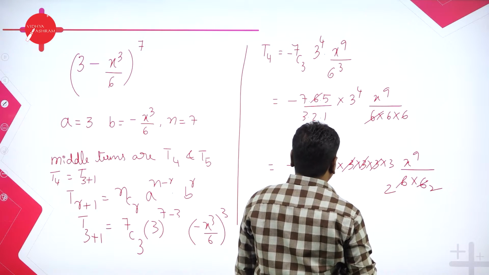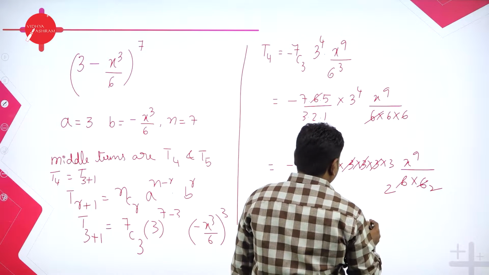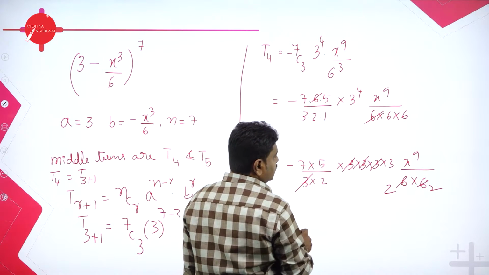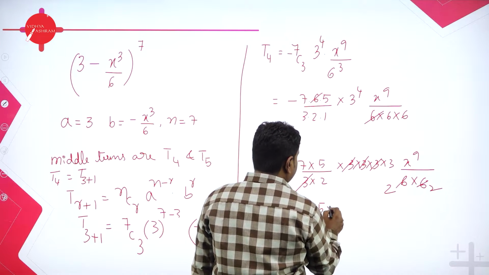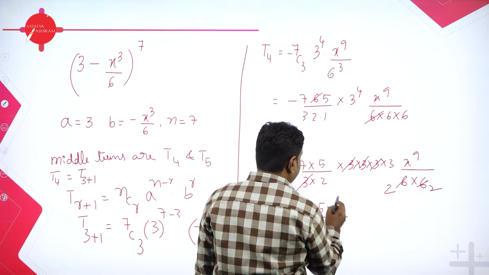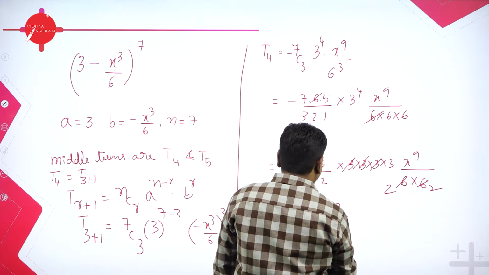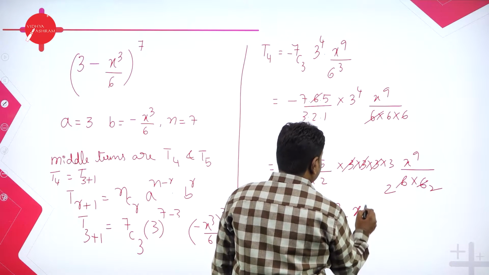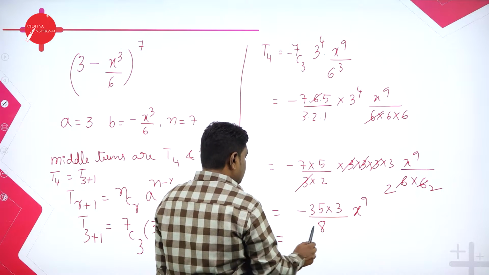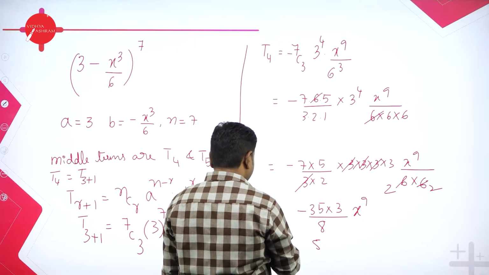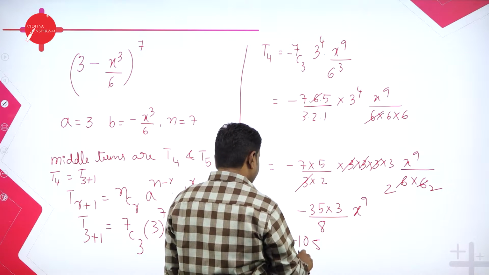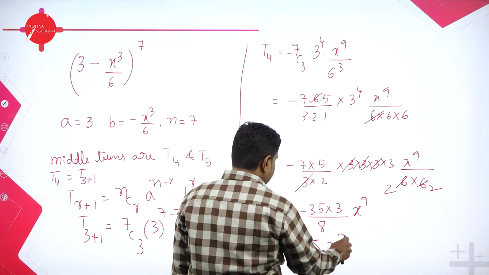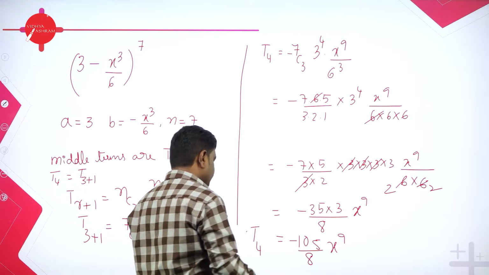So next further we have, yeah, so that is minus 35 into 3 divided by 2 twos are 4 twos are 8 into x power 9. So 3 5s are 15, 3 3s are 9, 9 plus 1 10, 105 by 8 x power 9. This is T4, one of the middle terms.